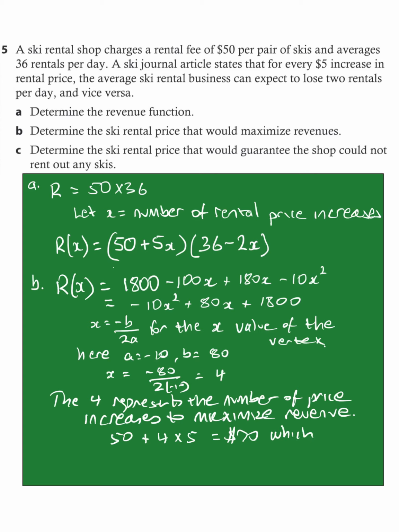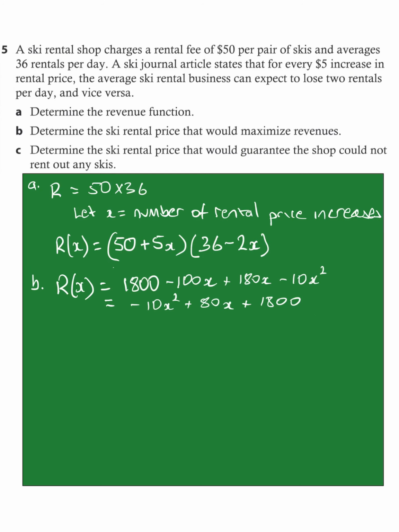That is the ski rental price that will maximize revenues. So for B we got 70. Now we're having a look at C.